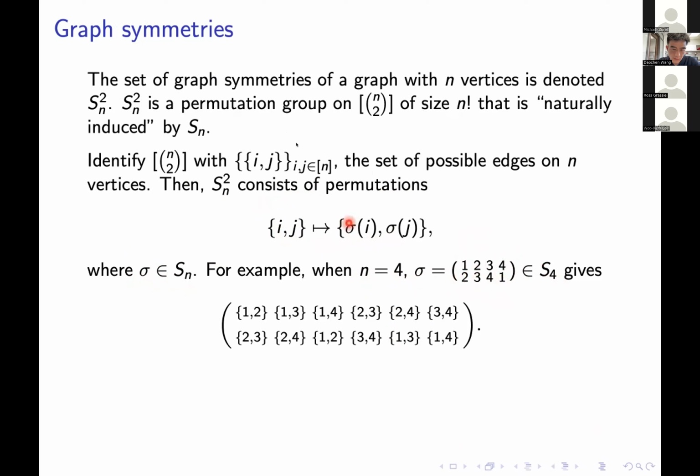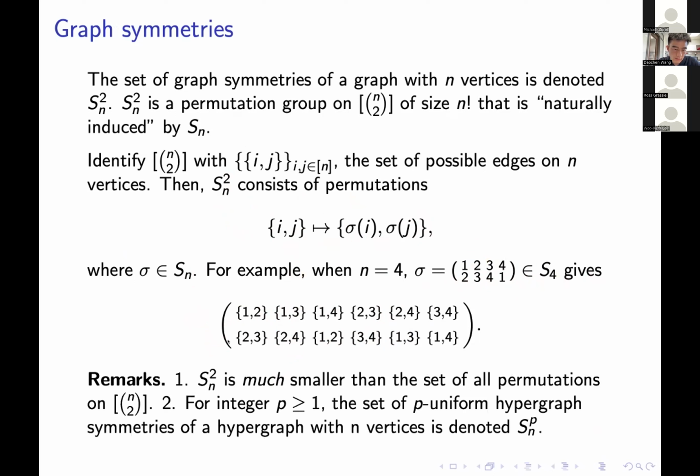So this sigma in S_n would correspond in S_n^2 to the permutation that's shown on this slide, according to this correspondence. Let's take one example: the edge 1, 3 got mapped to edge 2, 4 because sigma maps 1 to 2 and 3 to 4.